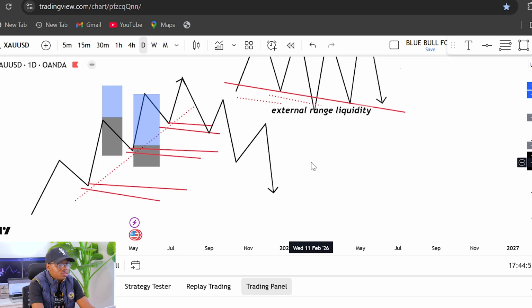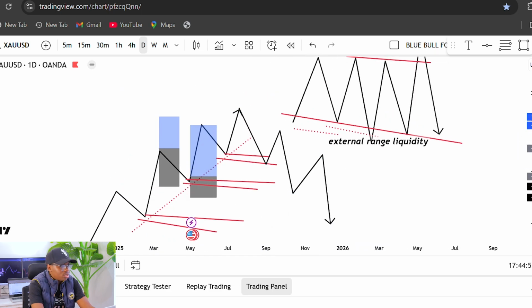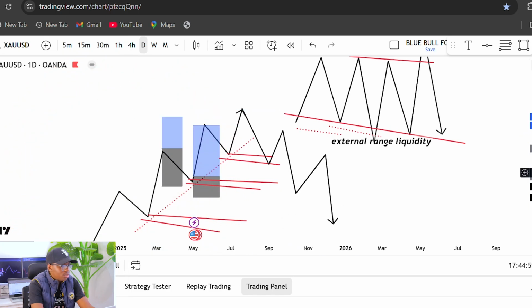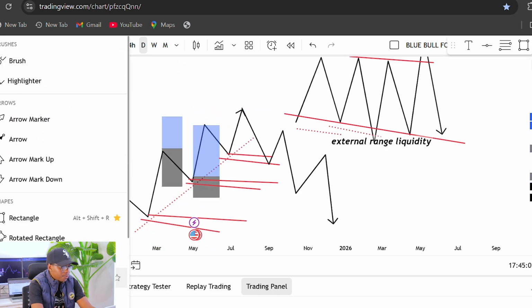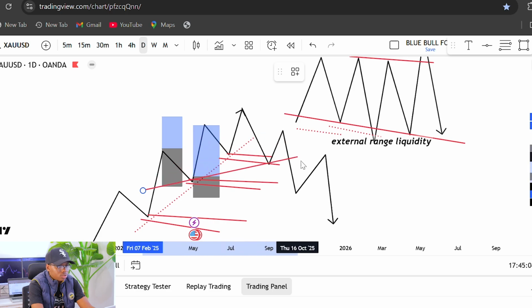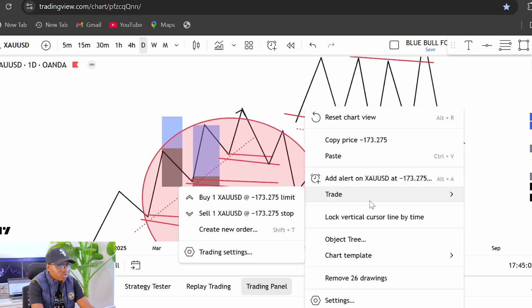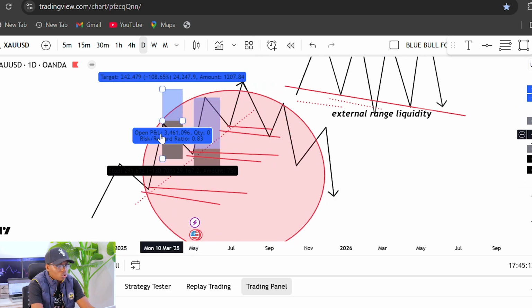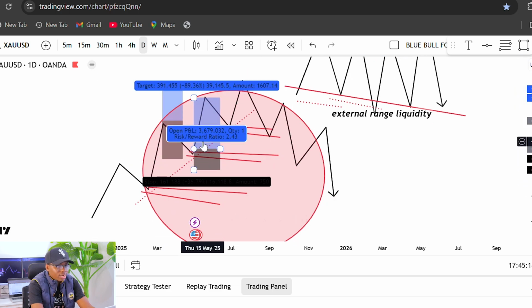And if you understand the market maker buy model, it looks exactly something of this particular caliber. All right, it looks exactly this kind of a thing to the upside. Why? Because the market goes up and then it will try to counter all these liquidities to take advantage of them.